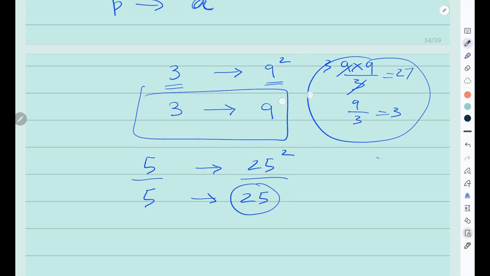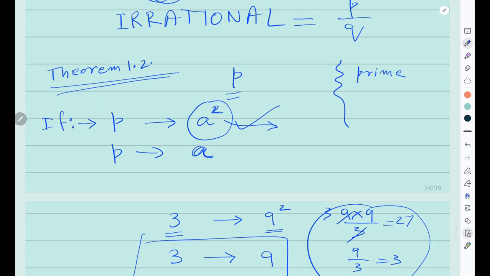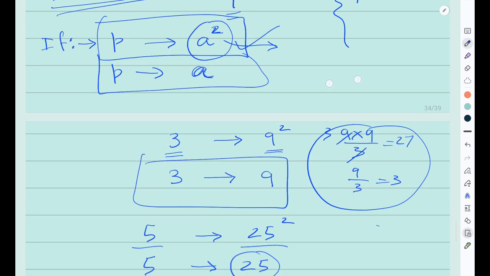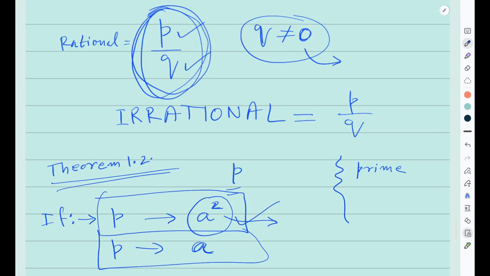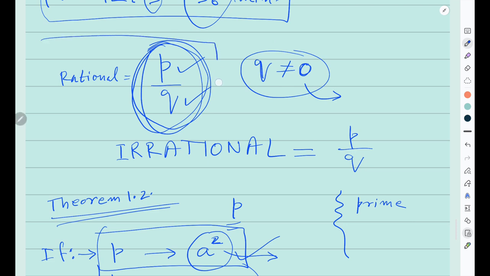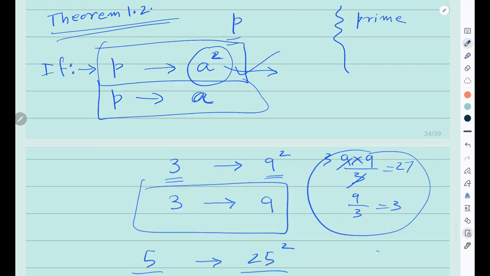This is what it states. So now you have understood that if this is true, then this will also be true. It has to be true, and vice versa.